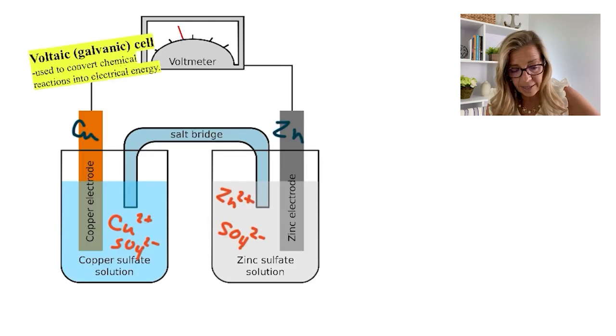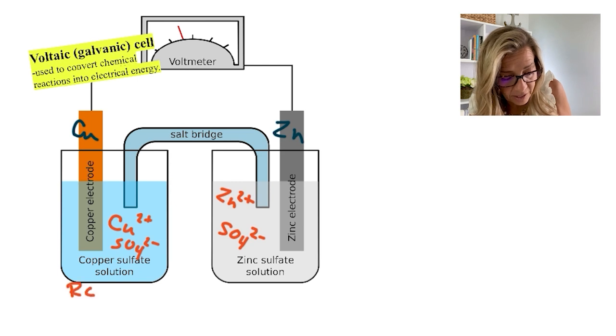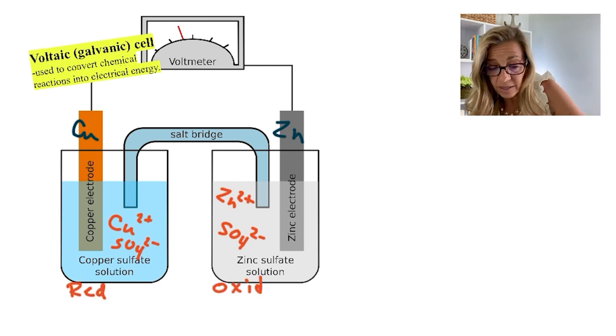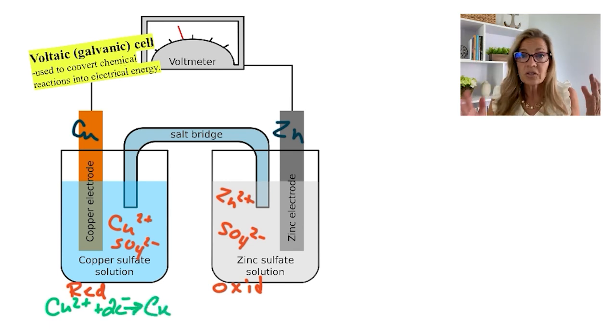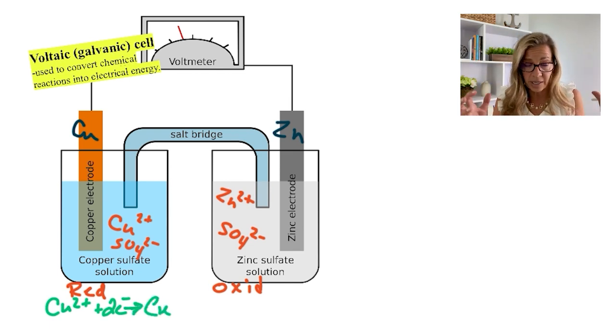I'm going to go back to my diagram here. We've got reduction here, and we've got oxidation here. And I'm just going to write the reaction while I'm here. So for the reduction, the copper ion is going to gain electrons and actually precipitate solid copper. So that electrode is going to get larger.